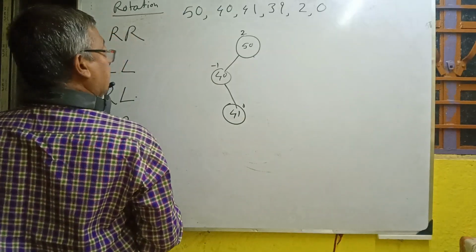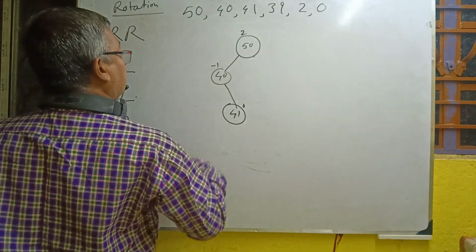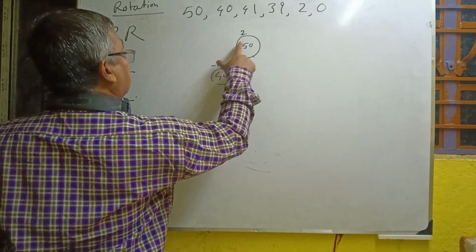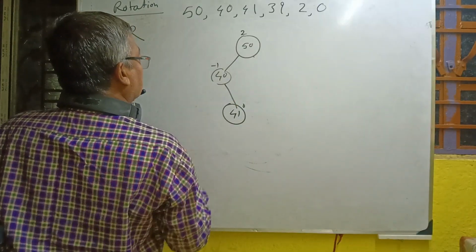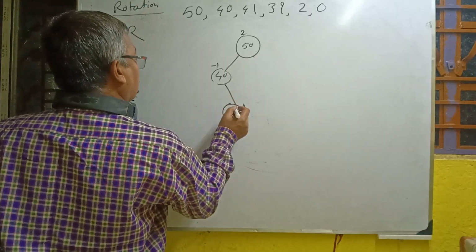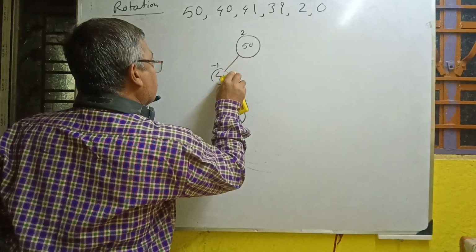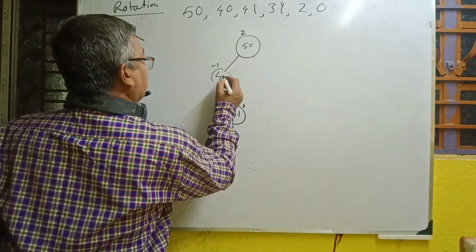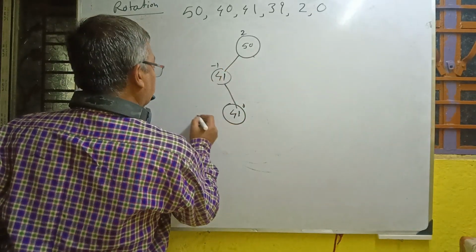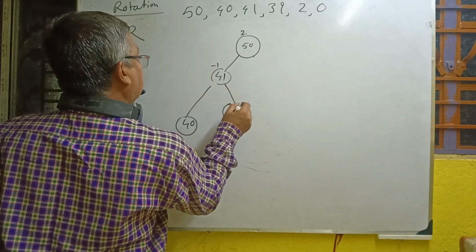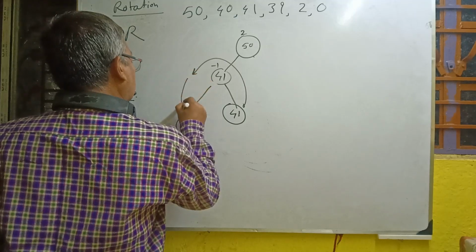So rotation is required. What type of rotation is required? First rotation left to right, second rotation right to left. In this rotation, 41 will take the position of 40, 40 will be removed, 41 will come here, and 40 will go to that position. Rotation like this.